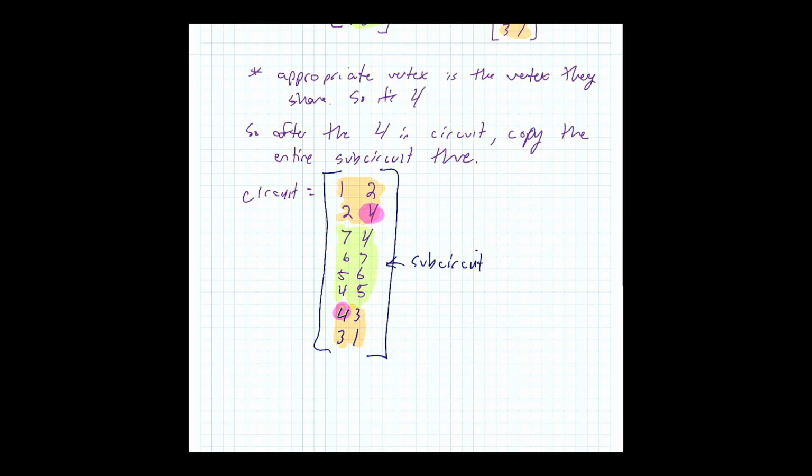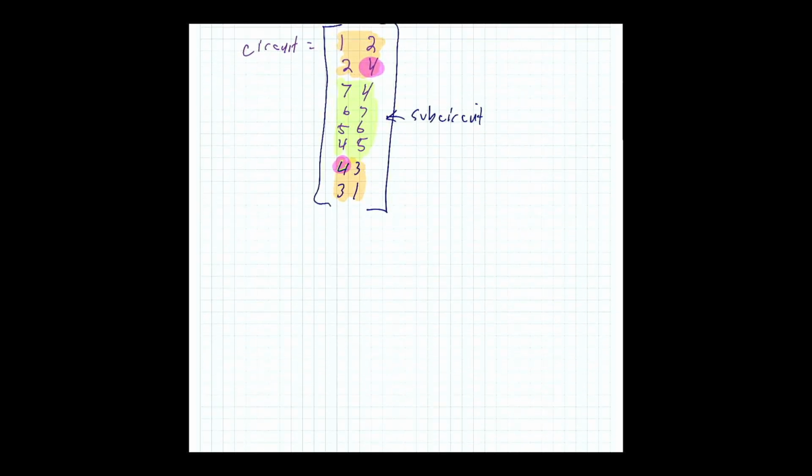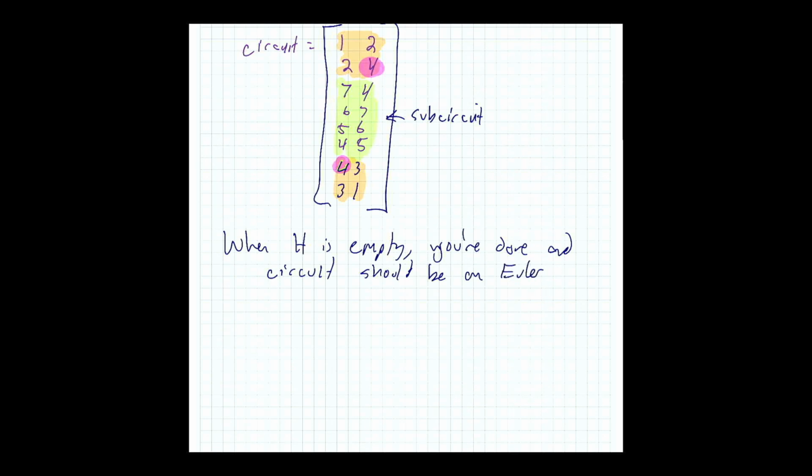And then when you're done, you'll notice that H was empty, right? So when H is empty, you're done. And circuit should be an Euler circuit, which is what we were trying to find.